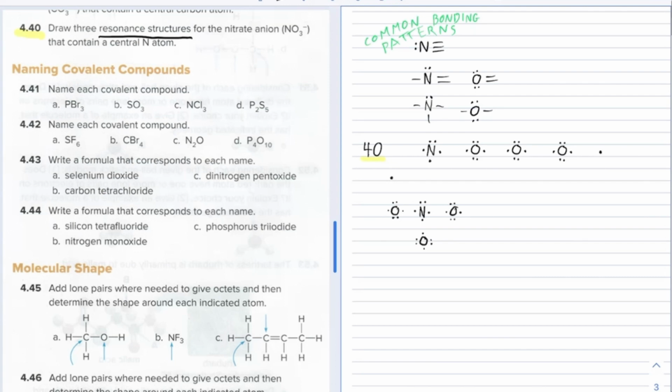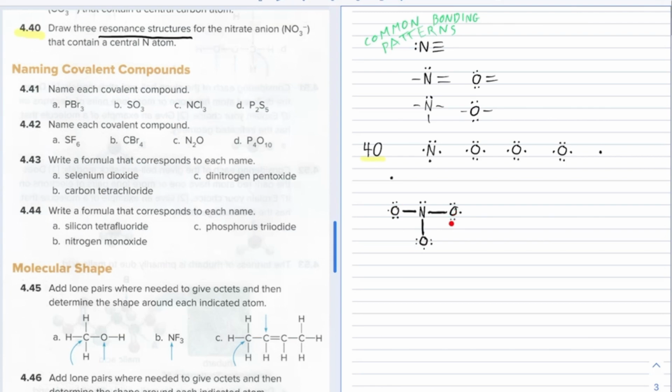So we'll form a bond between these two. Whoops, let me get that a little neater. Form a bond between those two, and those two. And let's go ahead and take this electron and put it somewhere. It doesn't look like it can fit on the nitrogen because nitrogen already has an octet, but the oxygens each have 7.